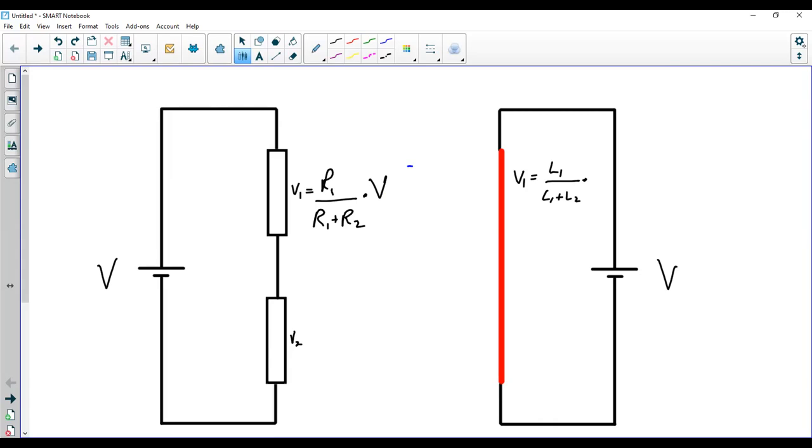So say that we connect a voltmeter here.